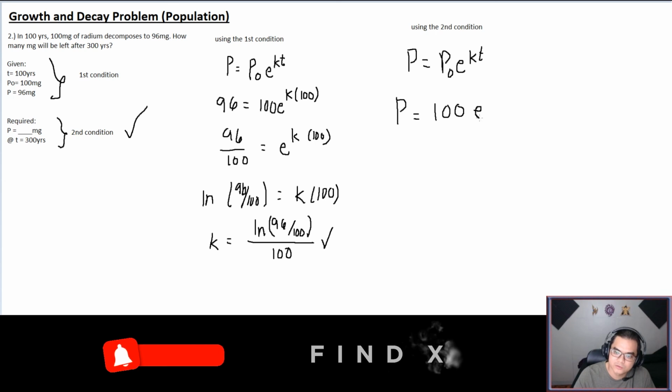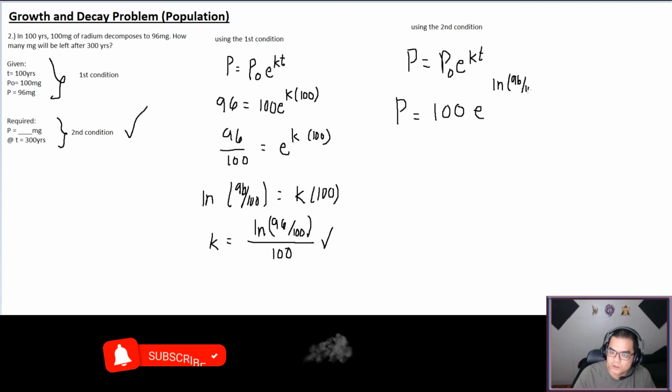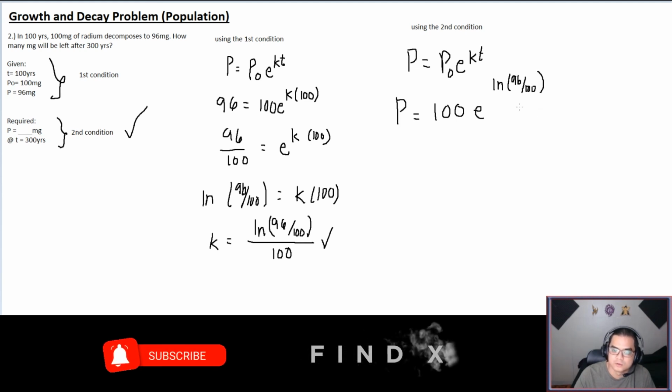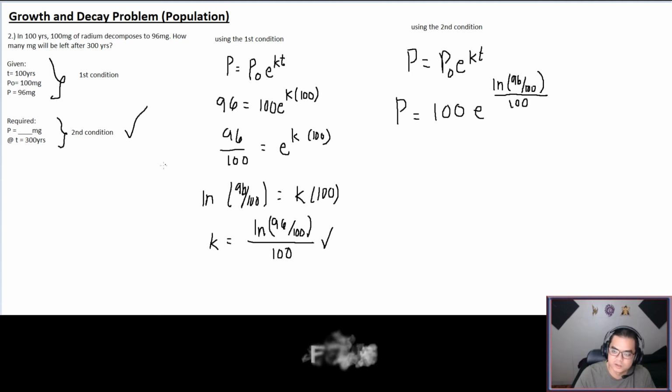And then e raised to the value of k is this one. So this will become ln 96 over 100, over 100 again. That is your k times t, and your t is 300 years.